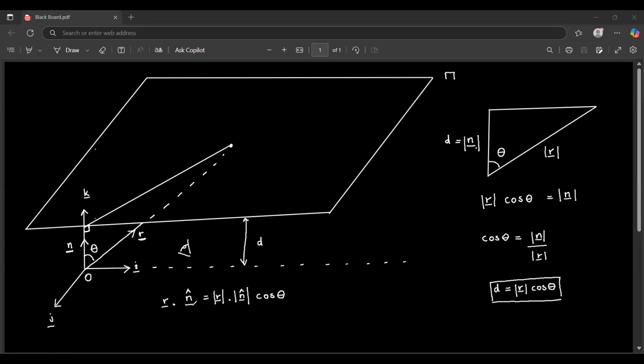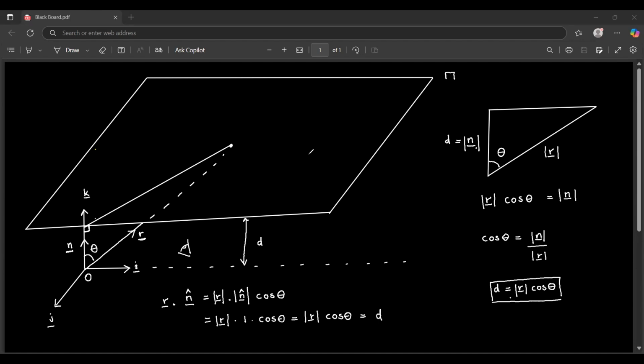Since the unit vector of n is given by this notation, the modulus of that is equal to 1. So r into 1 into cos theta can be given as modulus of r into cos theta, which from this equation is equal to d.